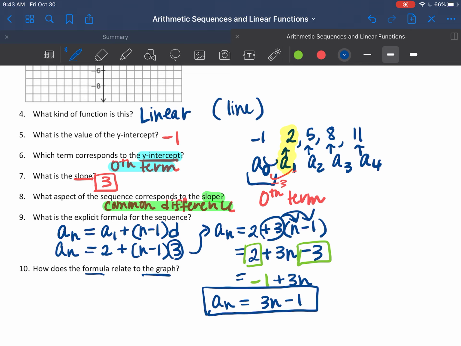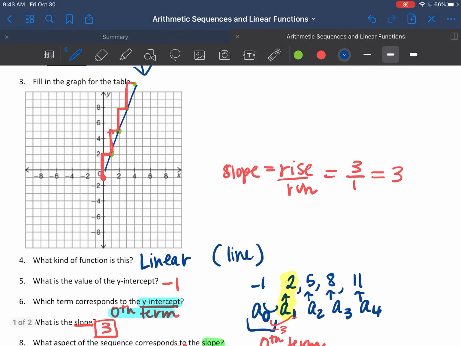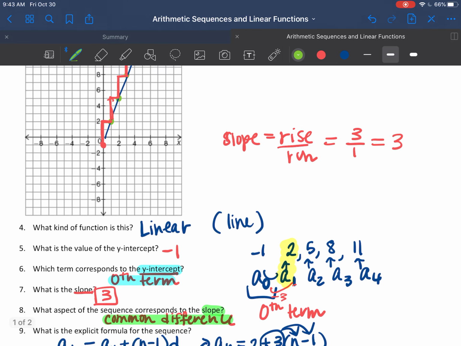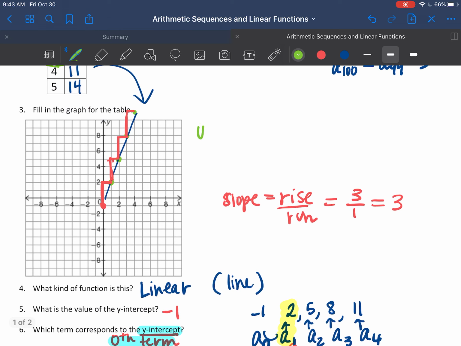And so how does this formula relate to the graph? If we were writing the equation of this graph, we would need y equals mx plus b, where m is the slope and b is the y-intercept.